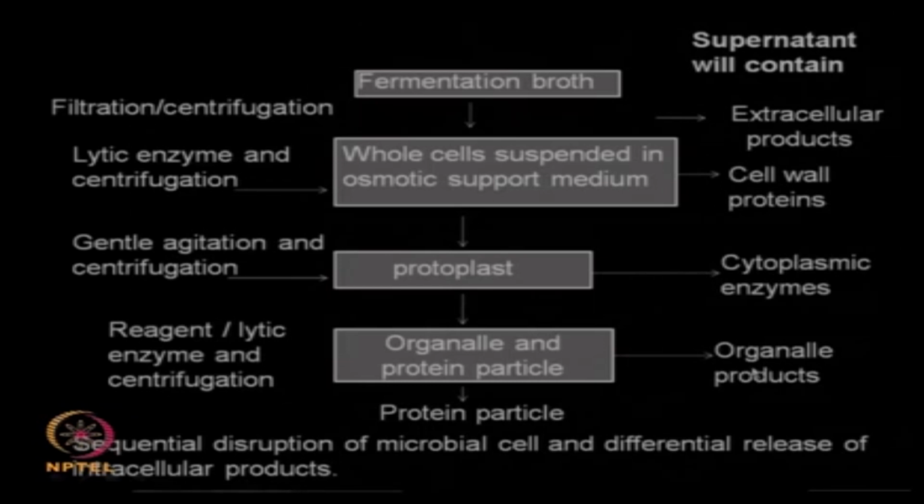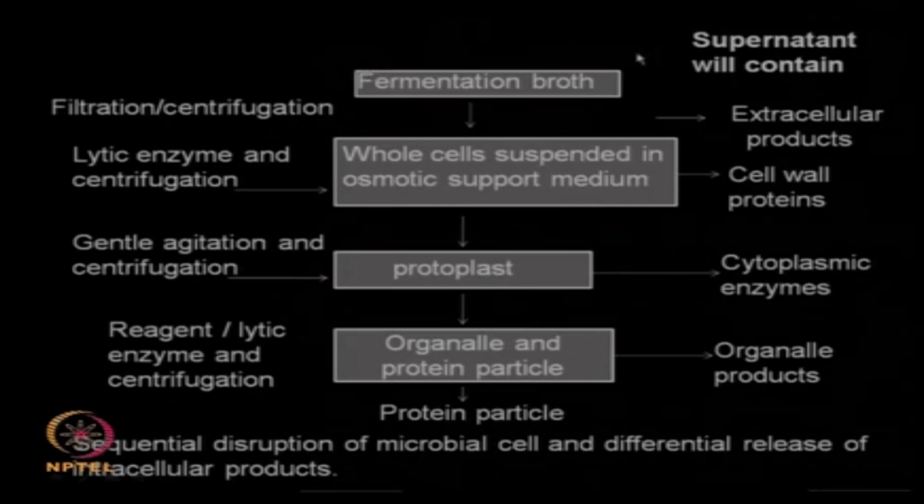If the product is present inside organelles, then you need to resort to much higher disruption so that you get the products out. So the supernatant will first have extracellular products, followed by cell wall proteins, followed by cytoplasmic enzymes, and finally the organelle products. Actually this is how sequential disruption of microbial cells happens.